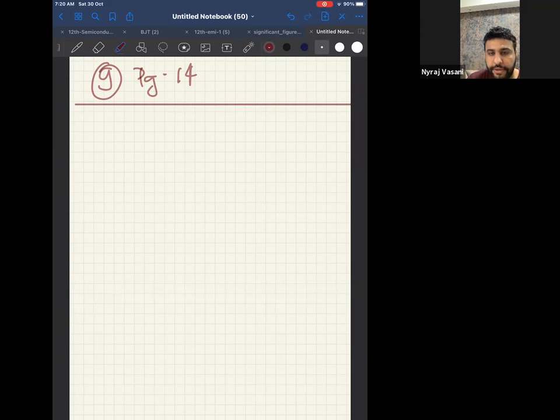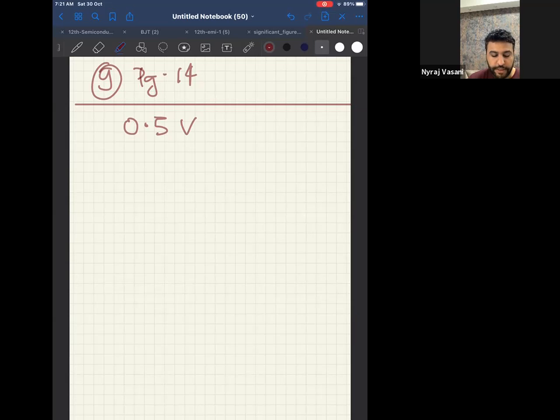A PN junction diode, when forward biased, has a potential drop of 0.5 volt.